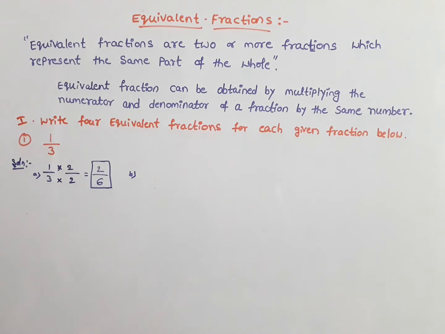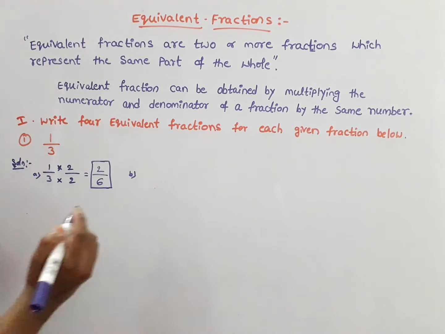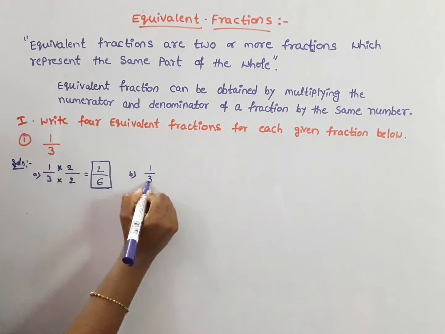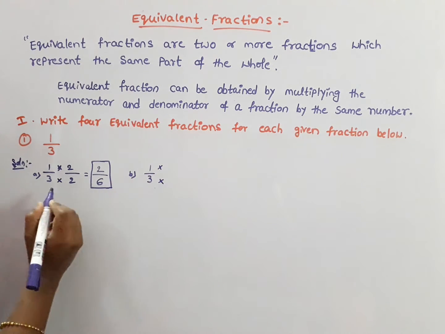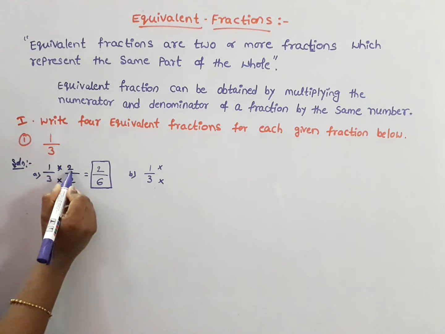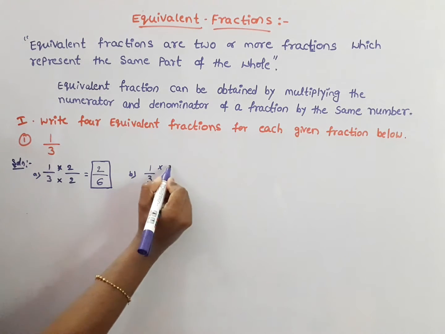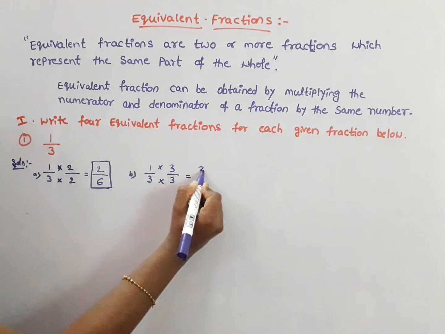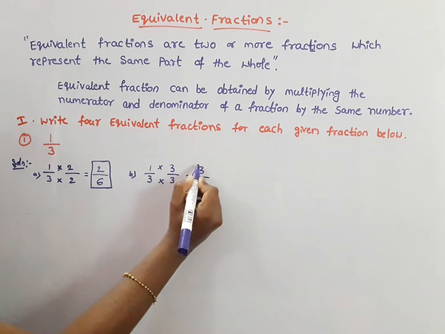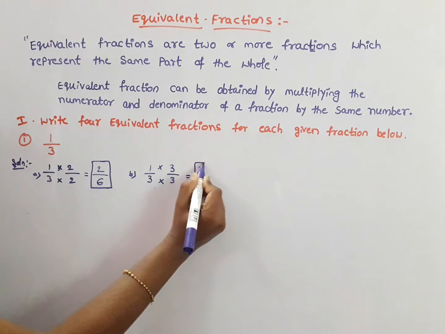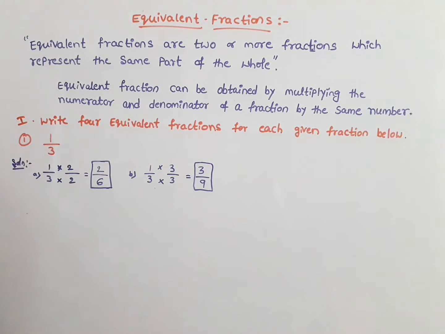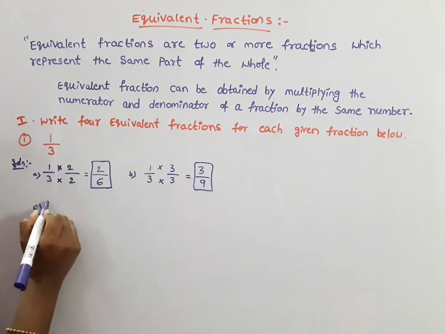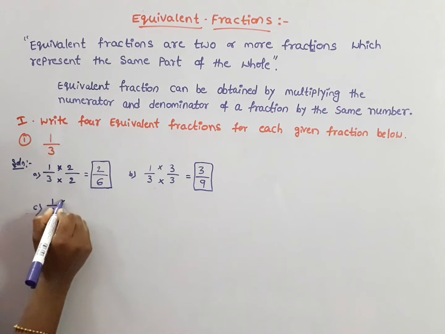Then the second equivalent fraction, 1 by 3, then multiply with, so here we multiplied by 2, now multiply with 3. 3 ones are 3, 3 threes are 9. This is the second equivalent fraction of 1 by 3. Then the third one, 1 by 3.